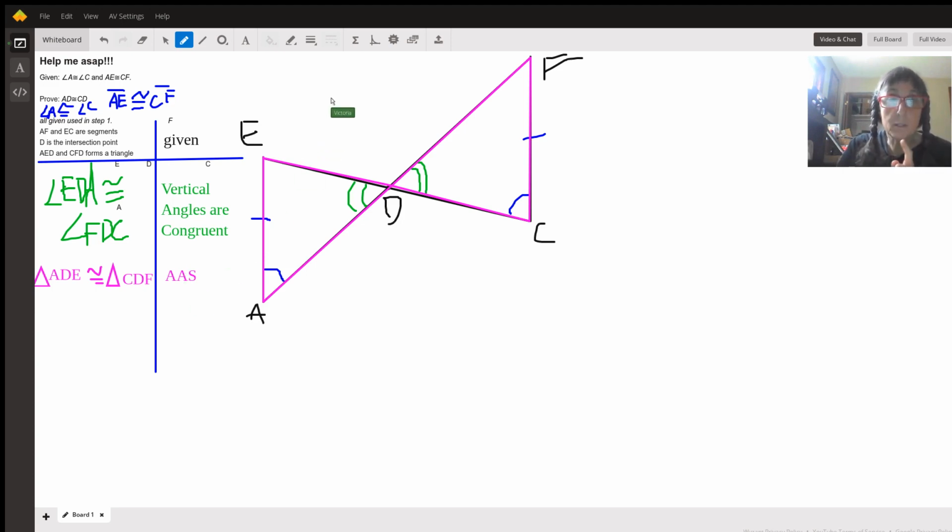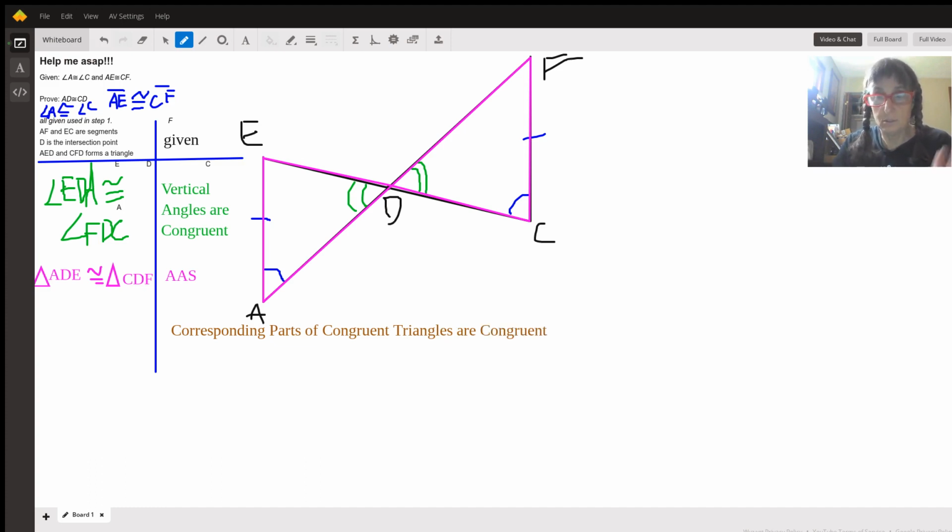Now, once you have proved that two triangles are congruent, you can use the theorem that says corresponding parts of congruent triangles are congruent.